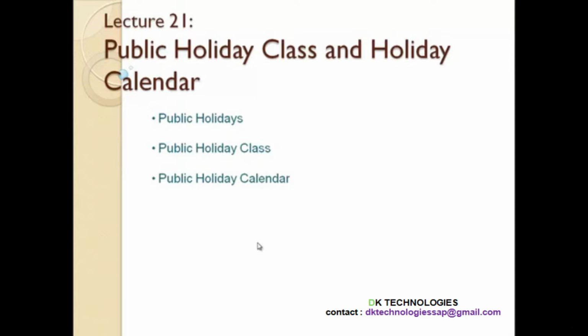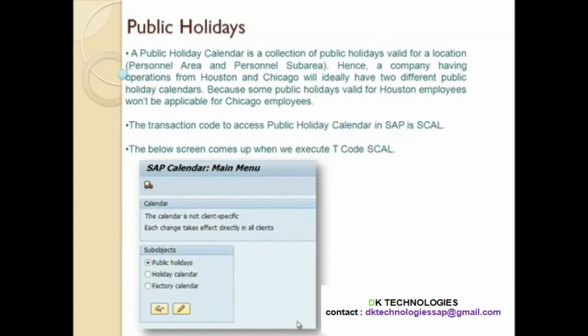So what is public holidays and what is public holiday class, and then how to create a holiday calendar. So what is public holiday? A public holiday calendar is a collection of public holidays. We know a calendar is a collection of days, right? So in SAP, public holiday calendar is a collection of public holidays valid for a location.